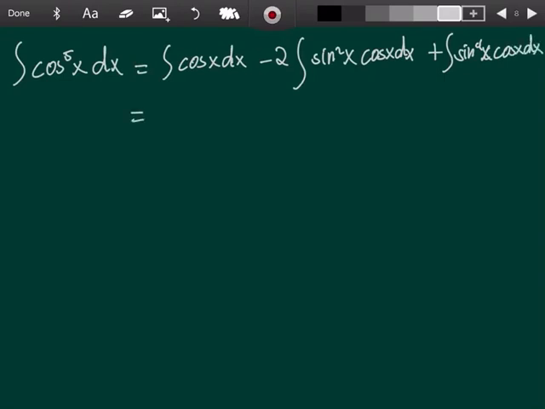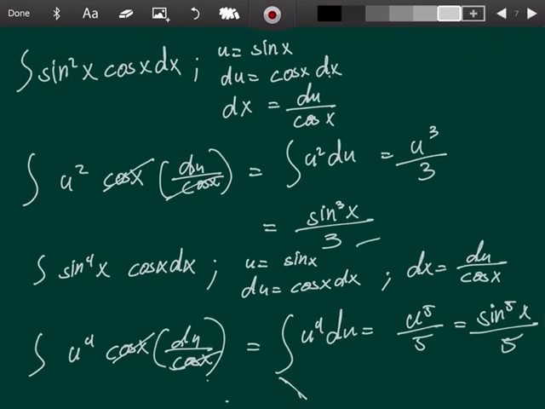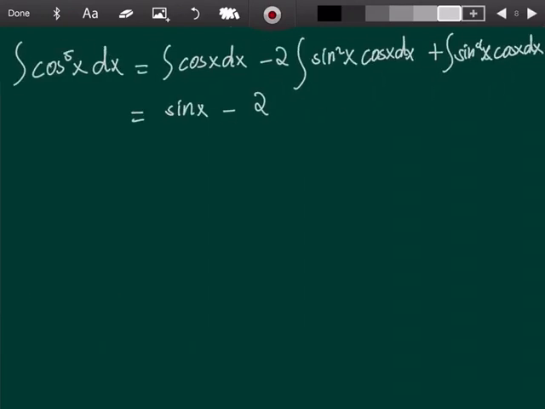The integral of cosine x dx is sine x, minus 2 times sine cubed x over 3, plus sine x raised to 5 over 5, plus c.